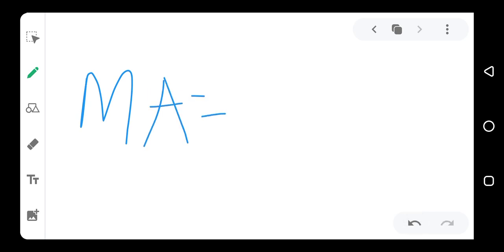The mechanical advantage, MA, is equal to load over effort, which is equal to the load, 20, over the effort used in overcoming the load, 5 Newton.